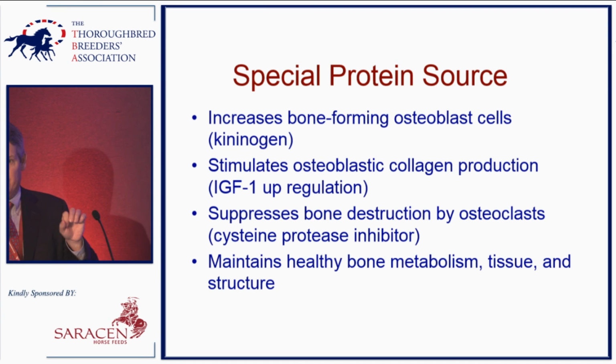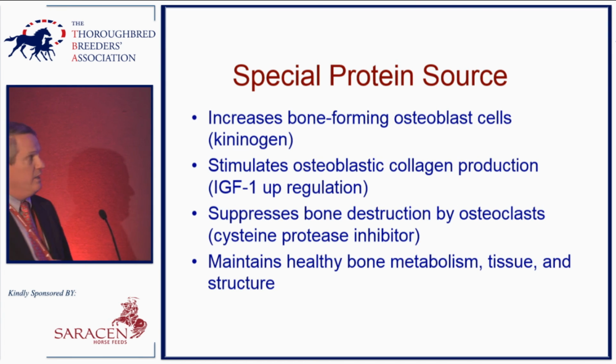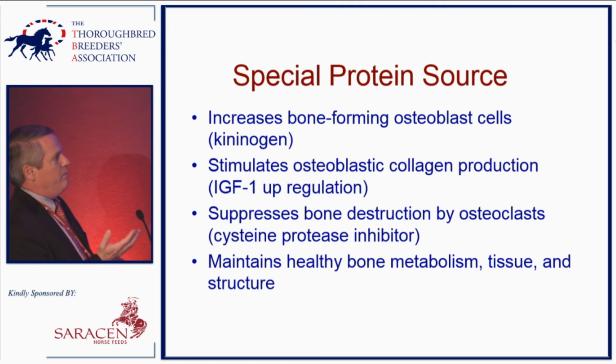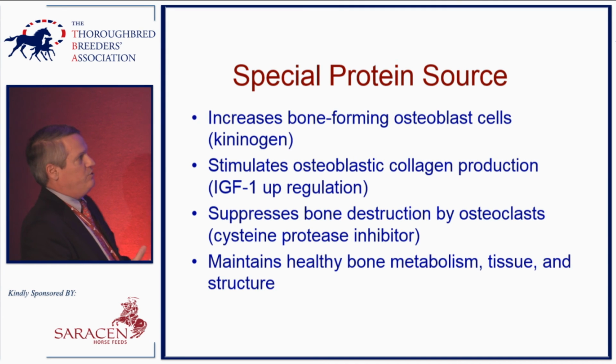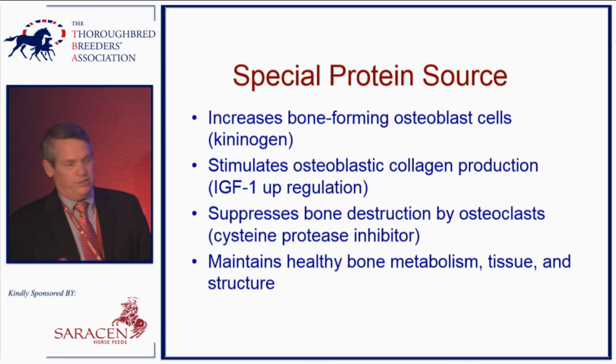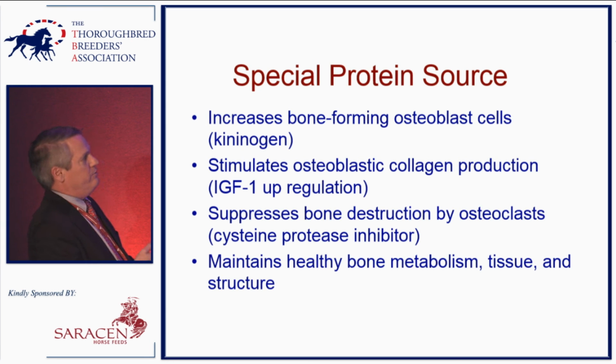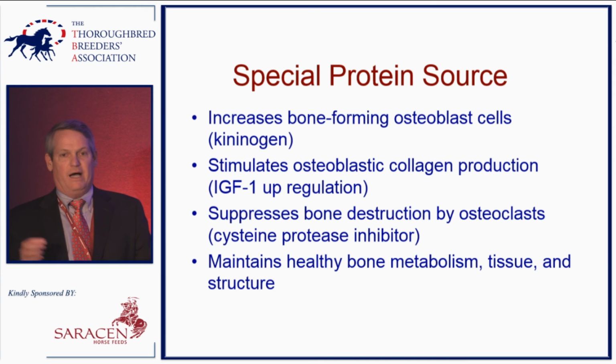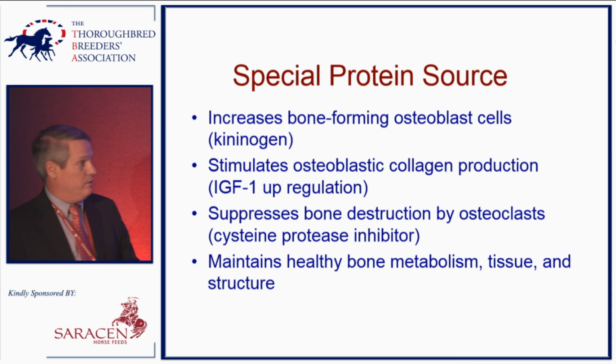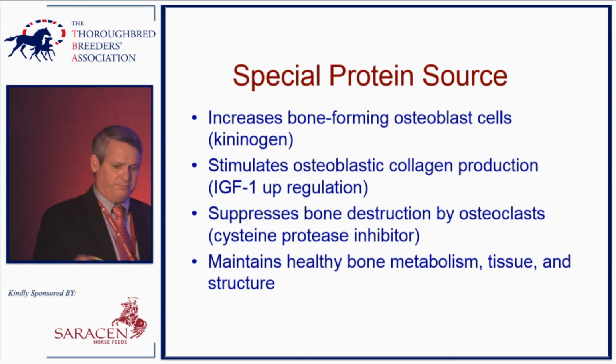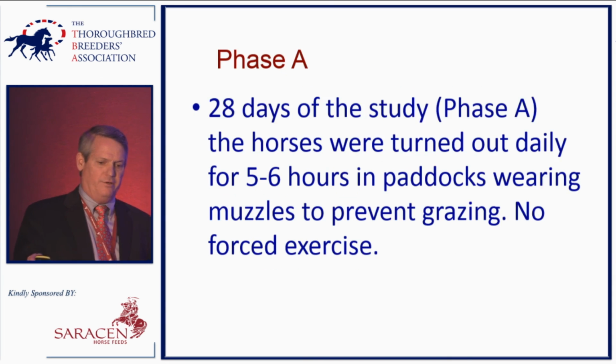Those are the shafts that are needed to be mineralized. And it does this by upregulating a specific gene that increases collagen formation. It also suppresses bone destruction by the osteoclast by inhibiting one of those enzymes that helps to dissolve the bone. So we combine those together.